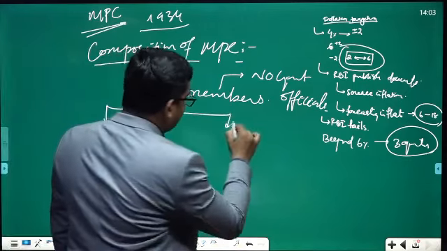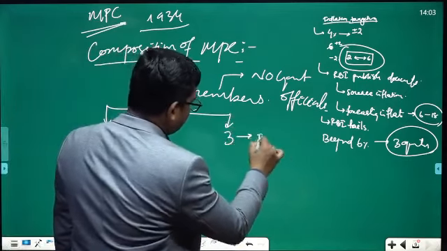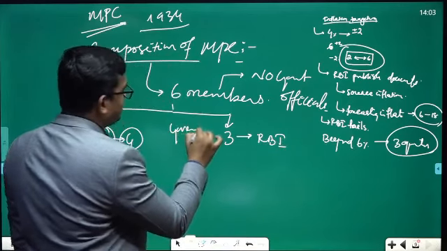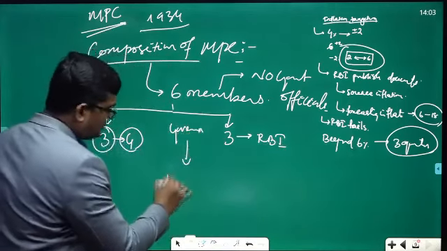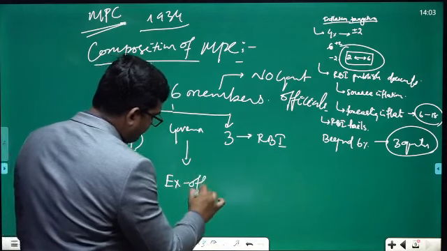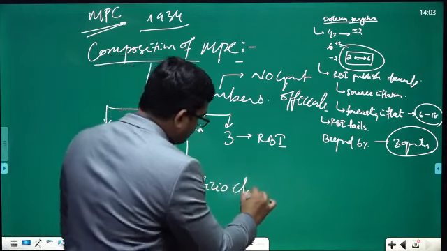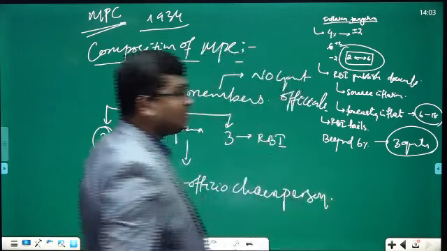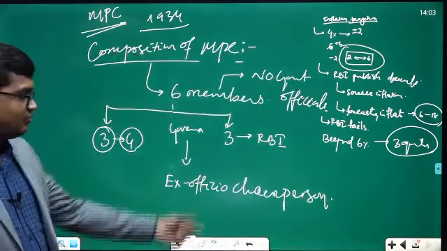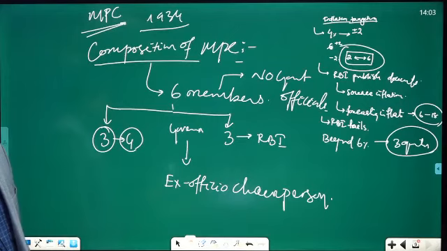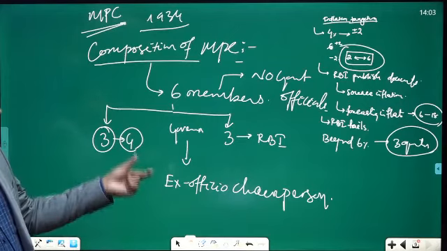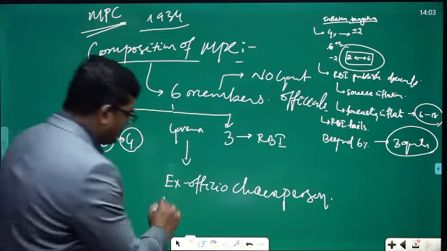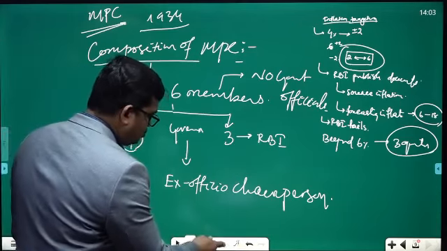The other 3 are from RBI only, and the governor of RBI would be the ex officio chairperson. Who are the other 2 members?